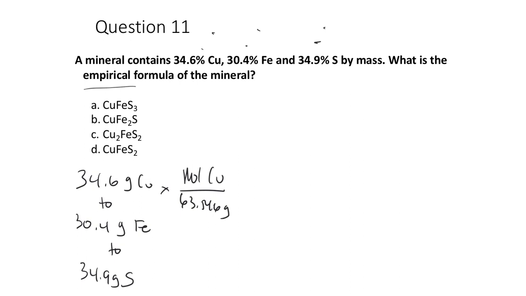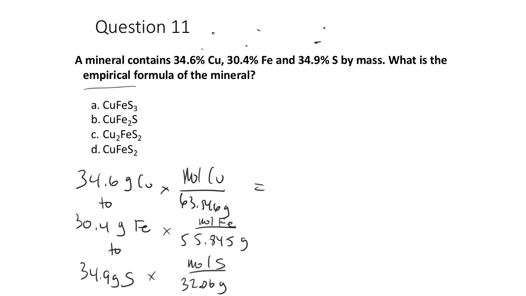Then we can convert iron using its molar mass, 55.845, and then 32.06 grams per mole for sulfur.